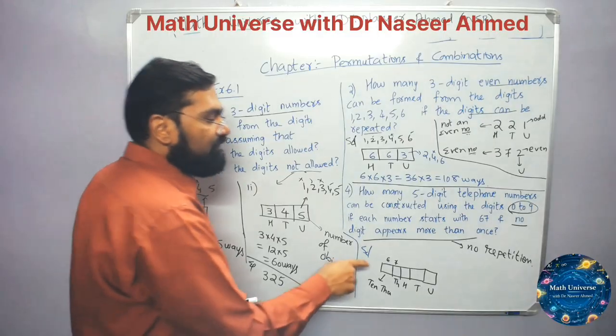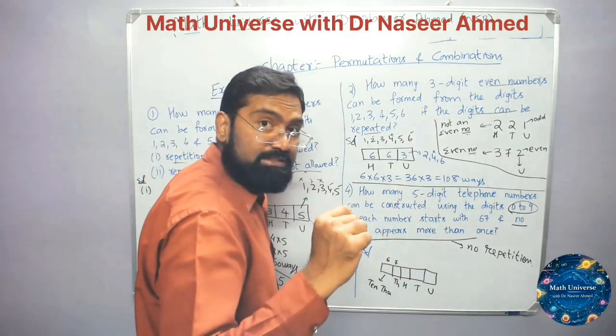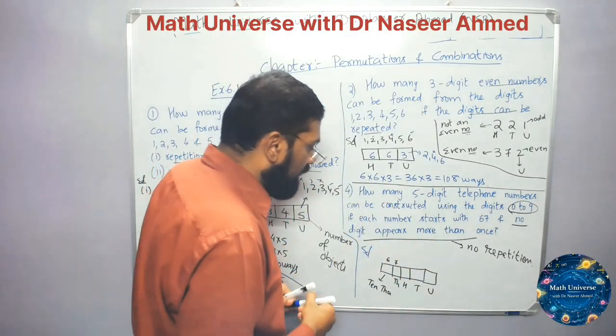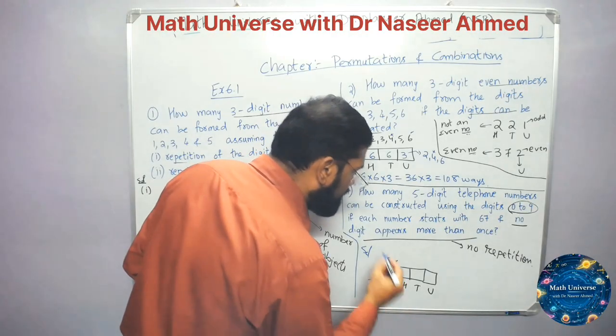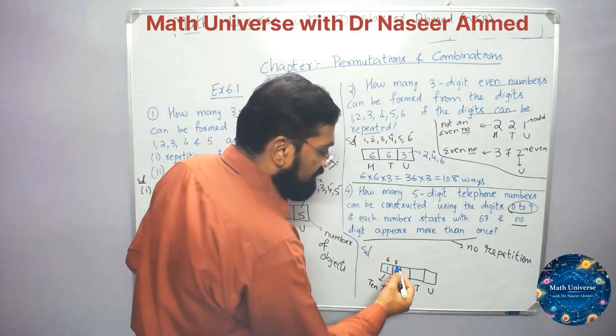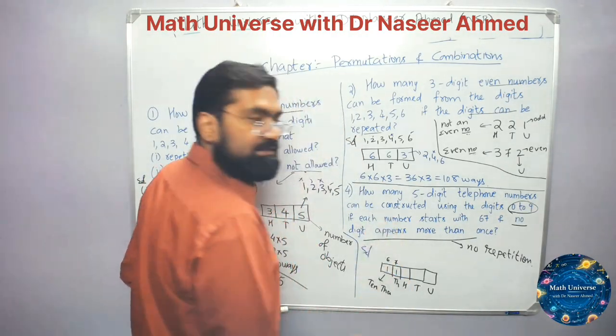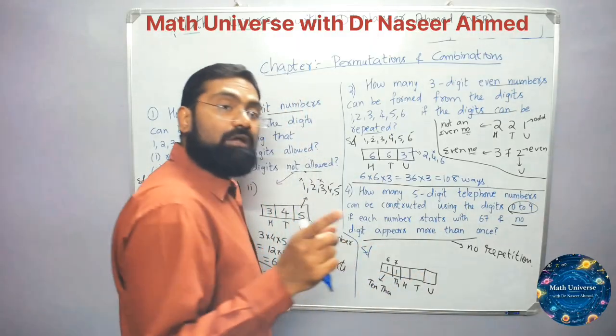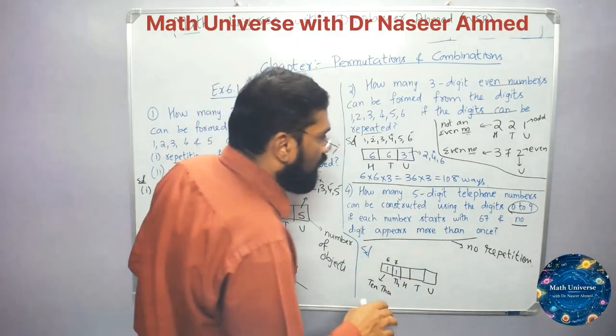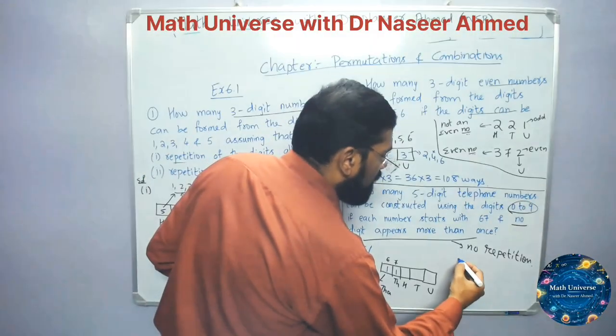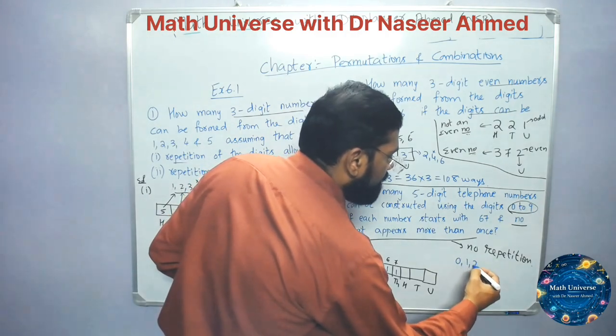Here I can only fix a 6, so how many objects are there? Only one object. Here 7 is fixed, only one object. So whatever we are writing inside the box is the number of objects. Now let us list out all the numbers between 0 to 9.